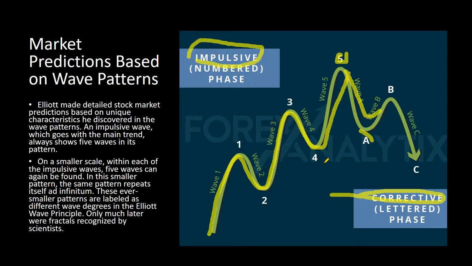Now, as years have gone by, we find that this holds true in any market you're trading. Okay, on a smaller scale, within each one of the impulse waves, 5 waves again can be found. And in a smaller pattern, the same pattern repeats itself into infinity. These ever smaller patterns were labeled as different wave degrees of the Elliott wave principle.